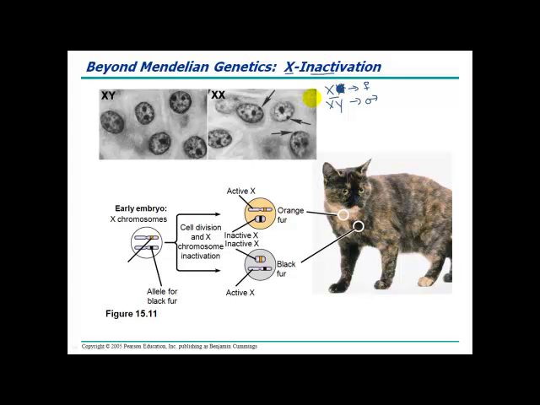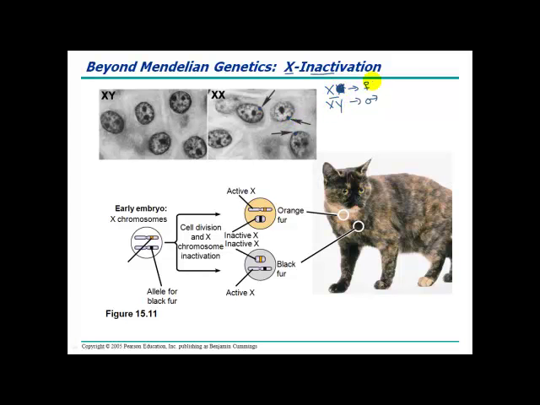So if you look at cells from a female individual, you can actually see within the nucleus of the cell these little highly compacted and condensed structures that are actually one of the X chromosomes that's been coiled up and condensed even more tightly than it would be during mitosis, and that gets segregated to the side of the nucleus and sort of pushed up against the membrane. So this is X inactivation.